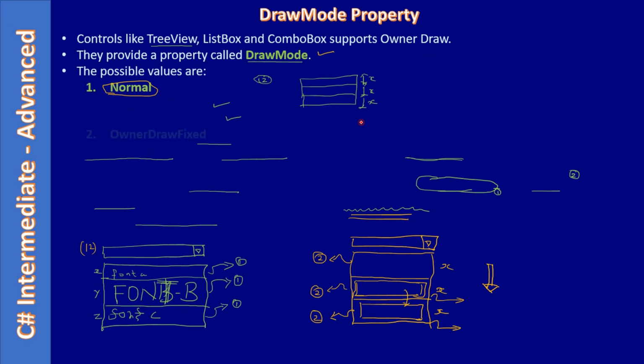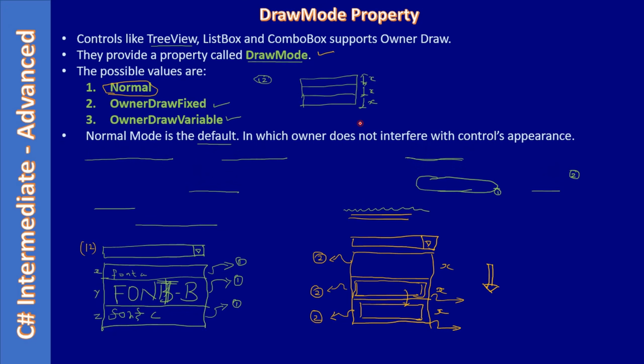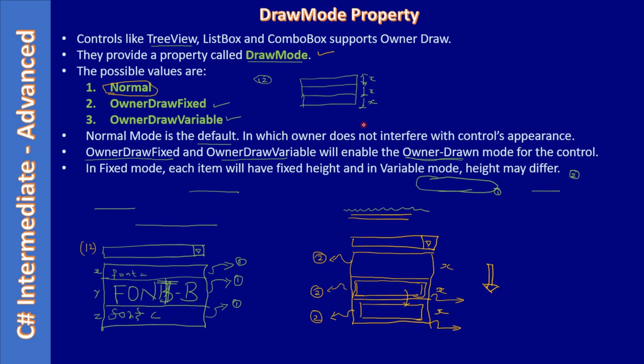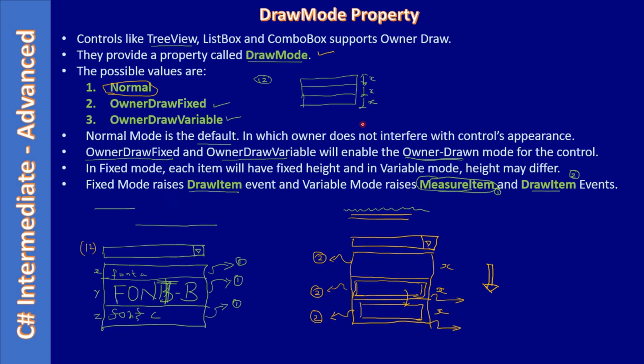Then we talked about the DrawMode property, the key property which decides whether the control is self-drawn or drawn by the container. That means OwnerDraw. Then we talked about the modes: OwnerDraw fixed and variable. In fixed the height will be the same, and in variable the height may be different.